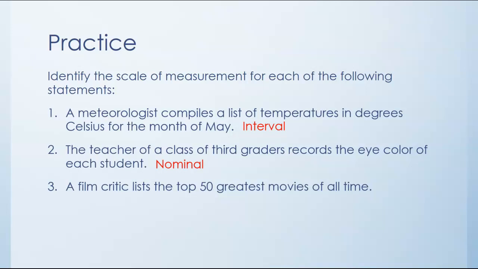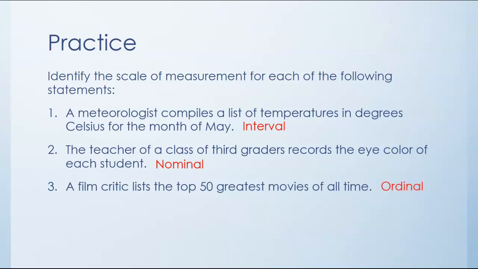When we're looking at something like the 50 greatest movies of all time, does that mean that number 1 is twice as good as number 2, or is number 1 vastly superior to number 2? There's no way to say that there's a specific distance between each of the rankings, so that completely knocks out interval and ratio. So we're only down to ordinal.